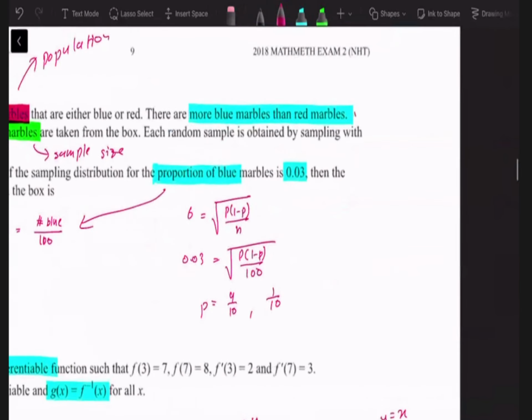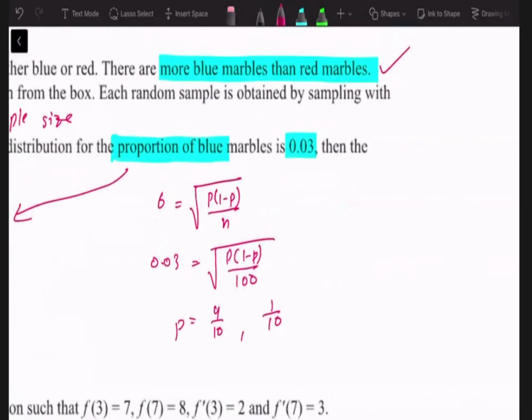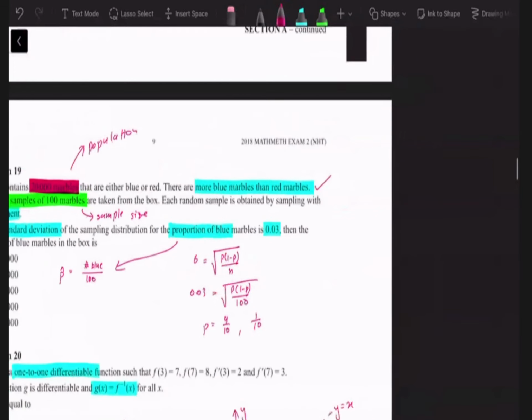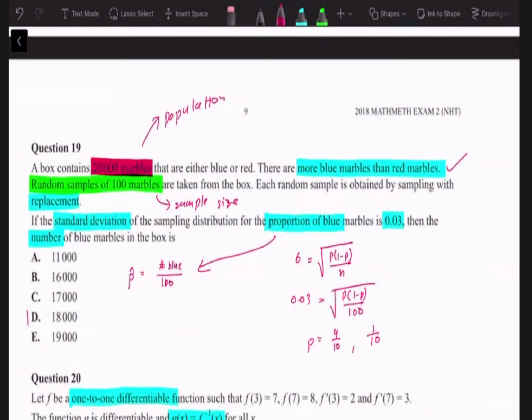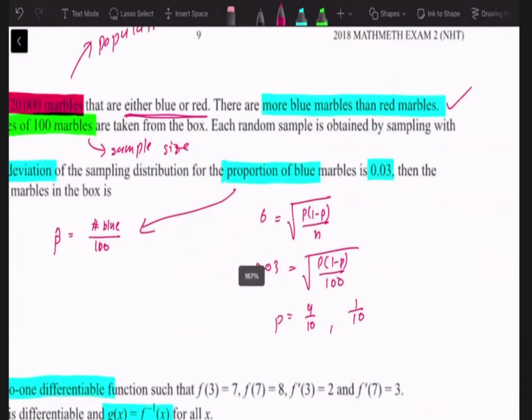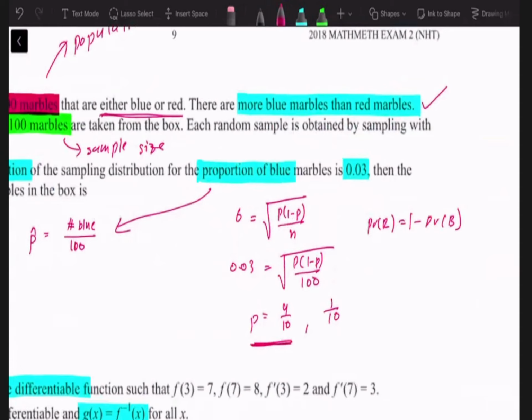And that's when this phrase comes in handy, because blue marbles is going to be greater than red marbles. So if we know the box has to be either red or blue, that means the probability of red is going to be 1 minus the probability of blue. So that means blue has to be this one, because otherwise, if blue was this one, the red would be greater than that.